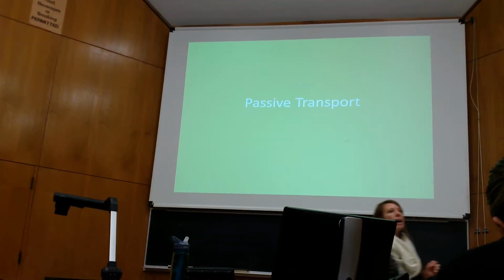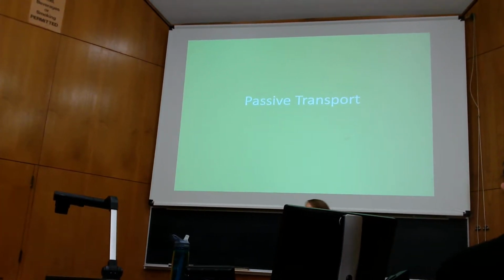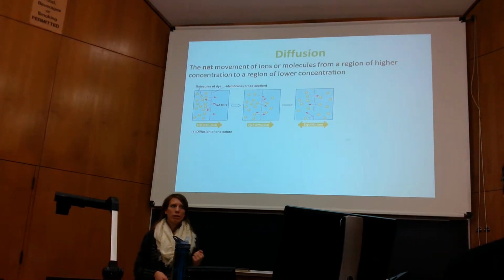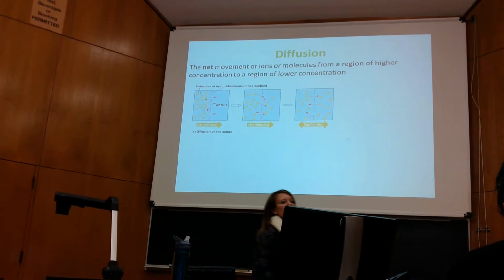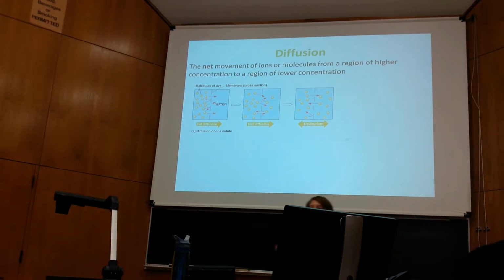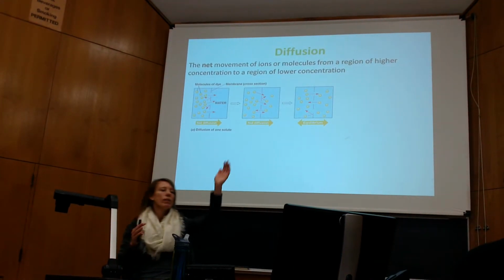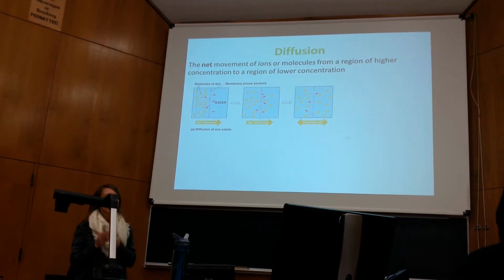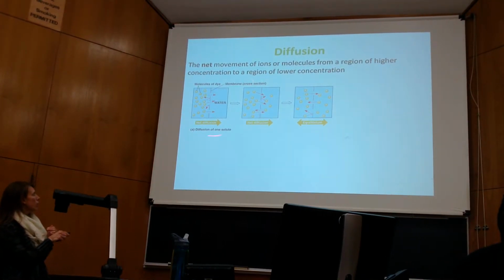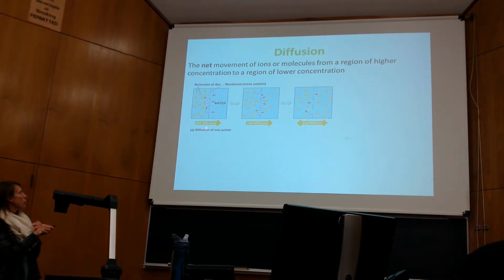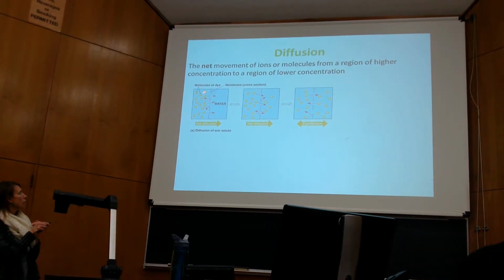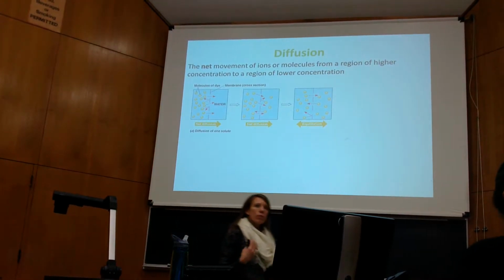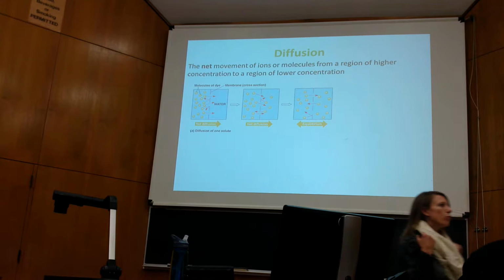When we talk about passive transport, we're really talking about a process of diffusion. So diffusion is the net movement of ions and molecules from an area of high concentration to low concentration. If we have a beaker of water with this membrane here that's wide enough to let some of these ions or molecules through, ions and molecules have kinetic energy, right? They're moving around.